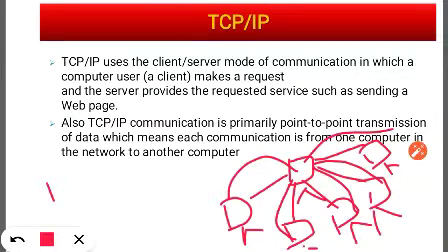It's not that the server is just sending all the messages to everyone, and then it depends upon the receiver whether to take it or not. It's not like that. The communication is from one computer in the network to another specific computer. I hope this is clear to you all.